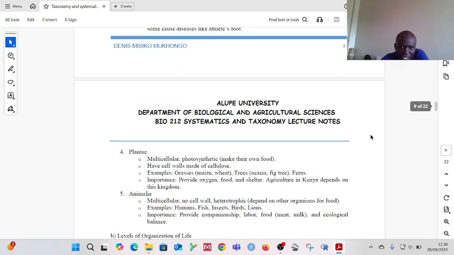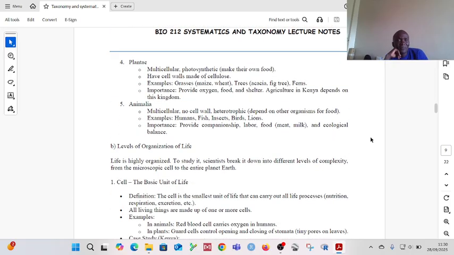Okay. The other kingdom is the kingdom Plantae. Kingdom Plantae is made up of multicellular organisms, but have the ability to make their own food through photosynthesis. Then their cells have cell walls, and those cell walls are made up of cellulose.